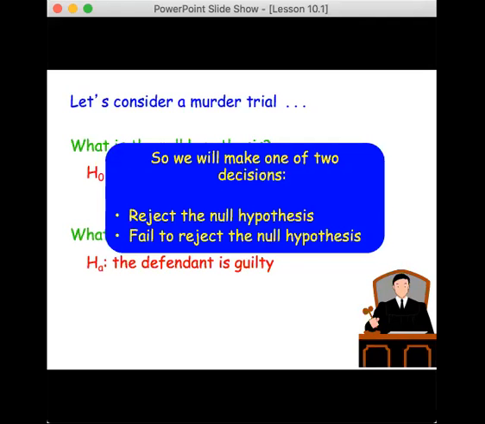We rejected that Seth was innocent because we had enough evidence to reject that. But let's say the only thing we found was the picture of the hippo in his locker. If that's the case, then we would fail to reject the null hypothesis. That means that picture was not enough evidence to reject the null hypothesis that he was innocent.